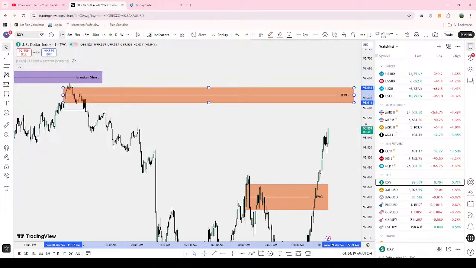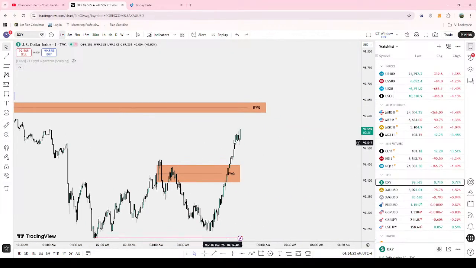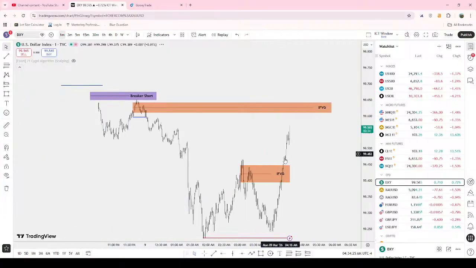Will this inversion fair value gap hold the prices of Dixie down or not?